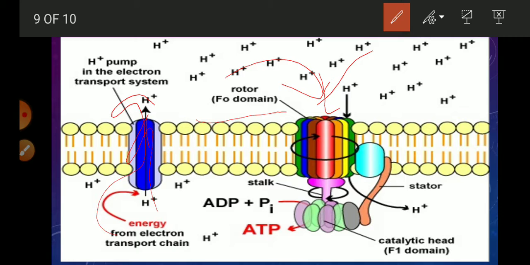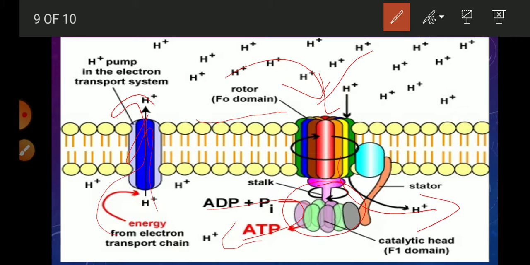When the protons move, this energy is utilized by the stalk or head to phosphorylate ADP into ATP. This is the F1 domain at which ADP is phosphorylated.